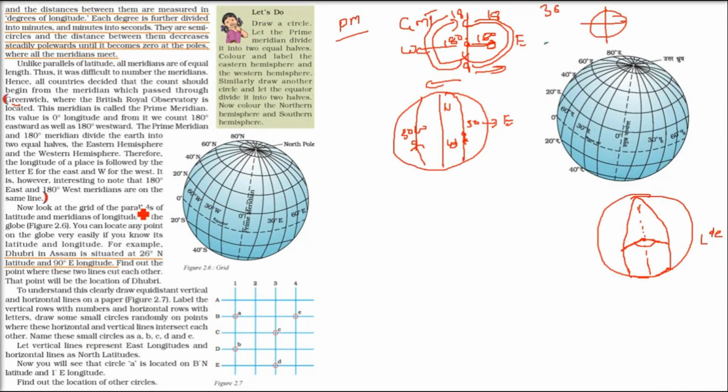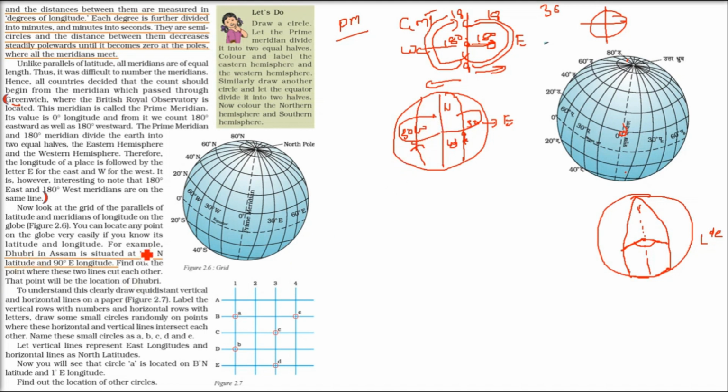Now let us come to the answer of the first question. So now you go from 0 to 180 degree east, 0 to 180 degree west. Similarly, the way we started from 0 to 90 degree to the north, and 0 to 90 degree to the south, right? The limit is decided: 0 to 90, 0 to 90, then 0 to 180, 0 to 180.